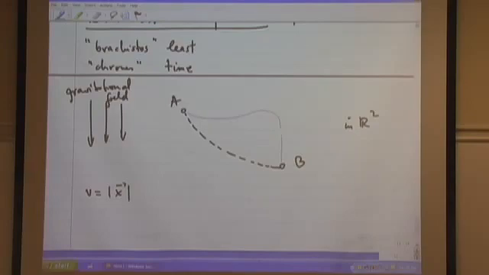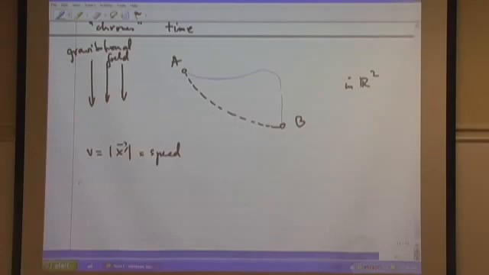Doesn't matter. You take 2 points, you can find a vertical plane in which to have the motion. So let's talk about the derivative of the position as being the speed, right? So this is the speed at a given time. Then what do we know from the total energy being conserved?